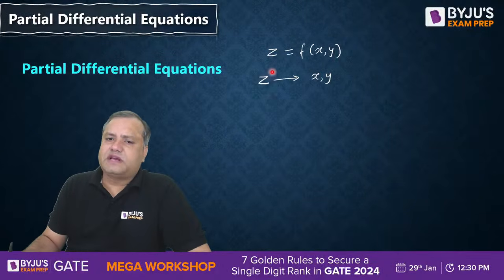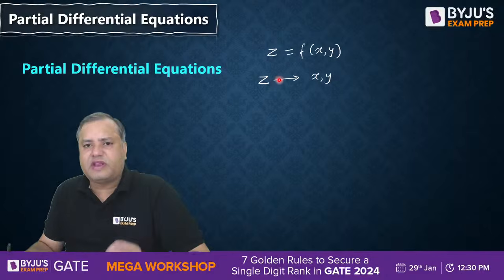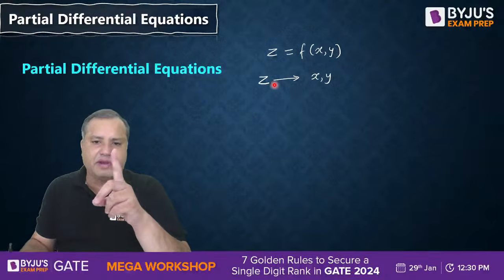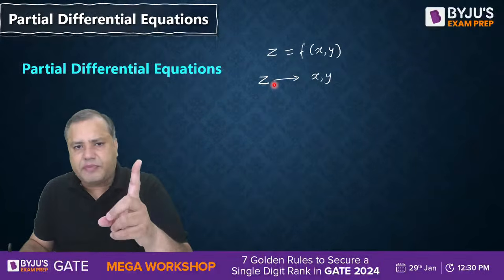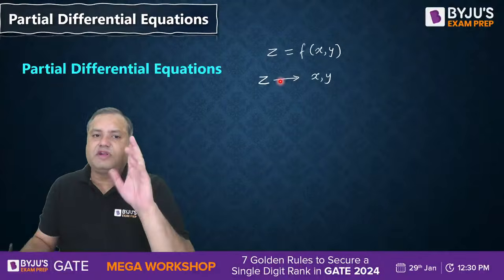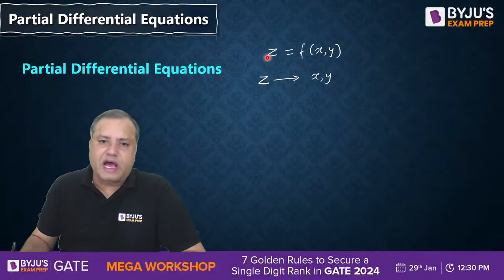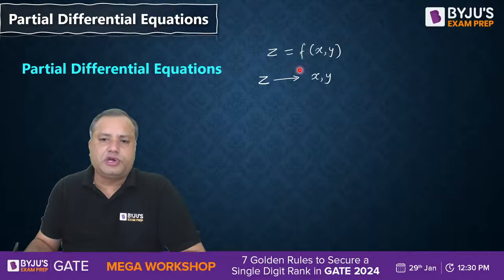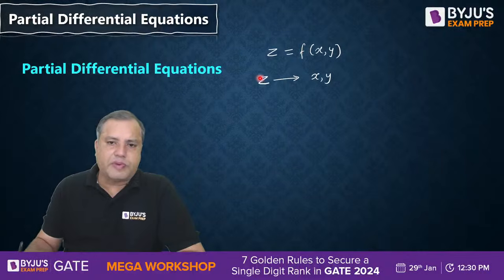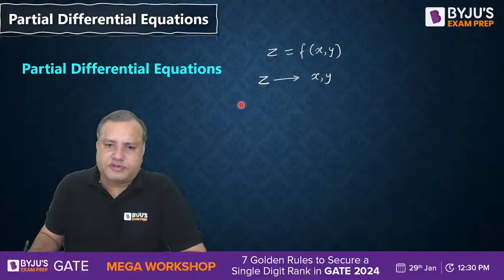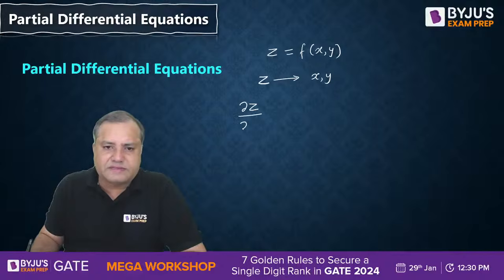When the dependent variable is a function of a single independent variable, then a simple derivative will exist. Currently, z is a function of two independent variables, so partial derivatives will exist. How can you denote the partial derivative? Del z by del x is the partial derivative of z with respect to x.